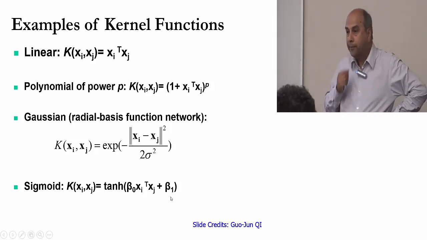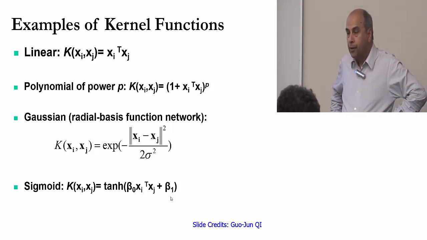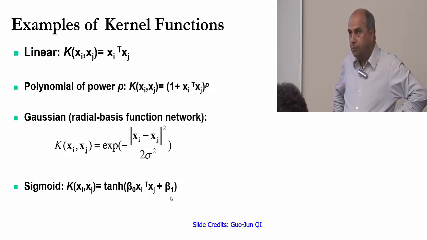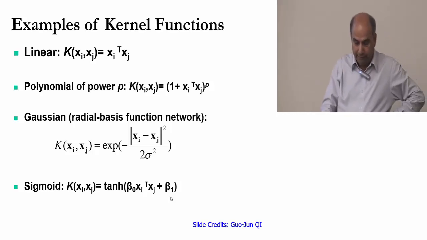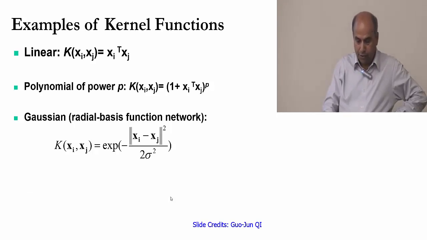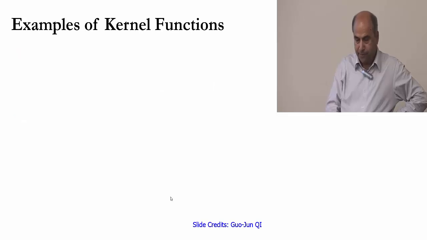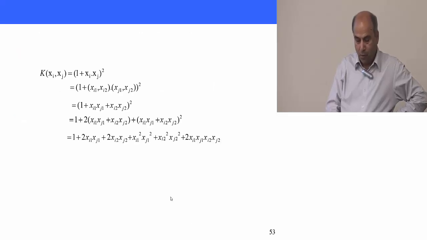Yes? So the xi and xj are the support vectors for the linear... Yeah, so see what we have done, that we are going to do this. There are 2 ways to do this.